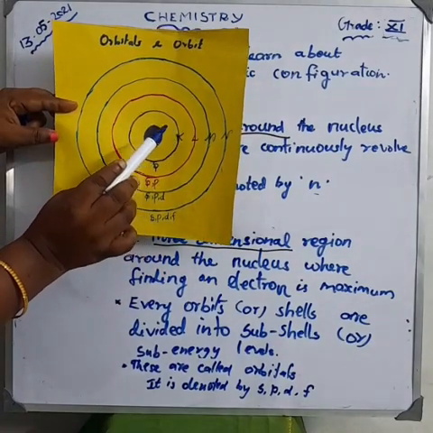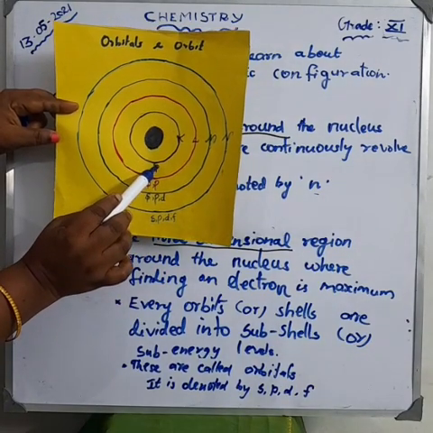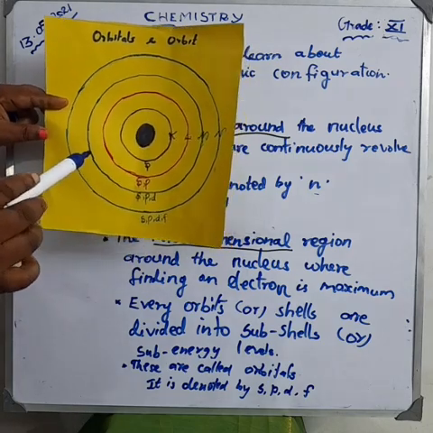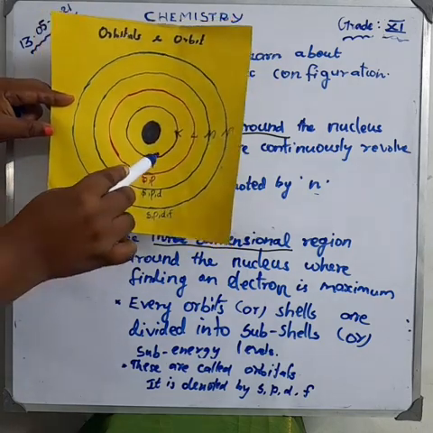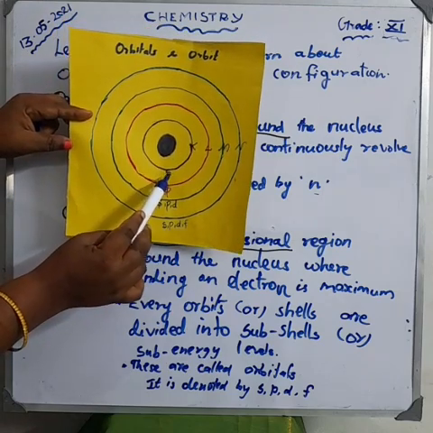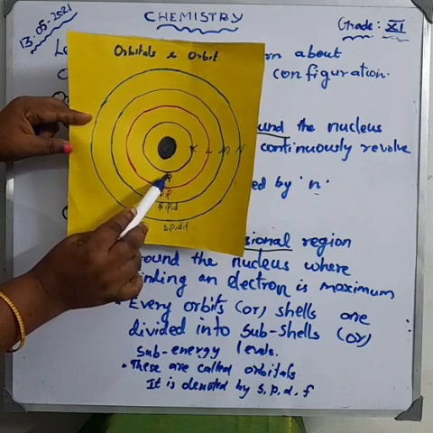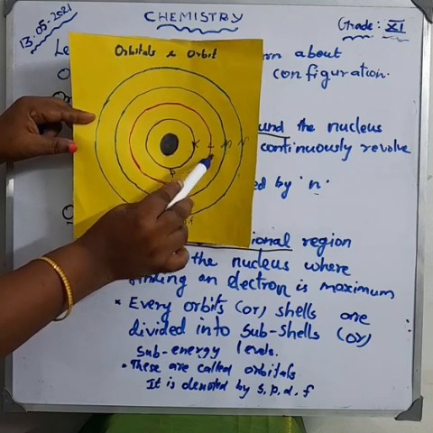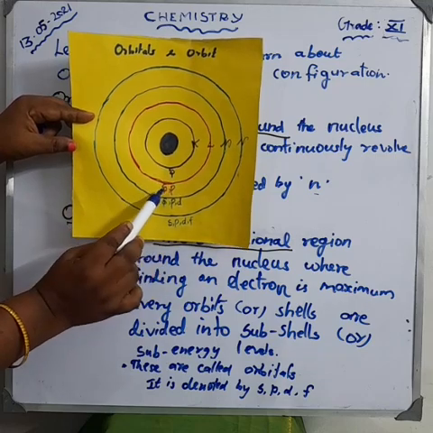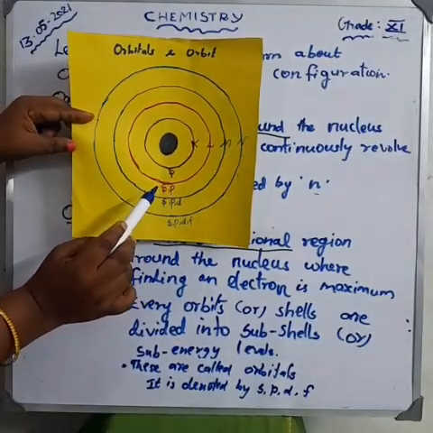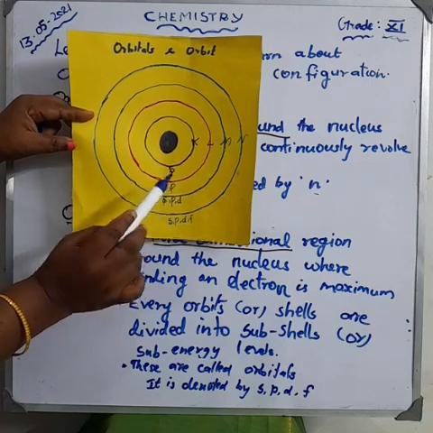The K orbit consists of only one subshell, that's called S. And the L orbit has two subshells. What are they? S and P.